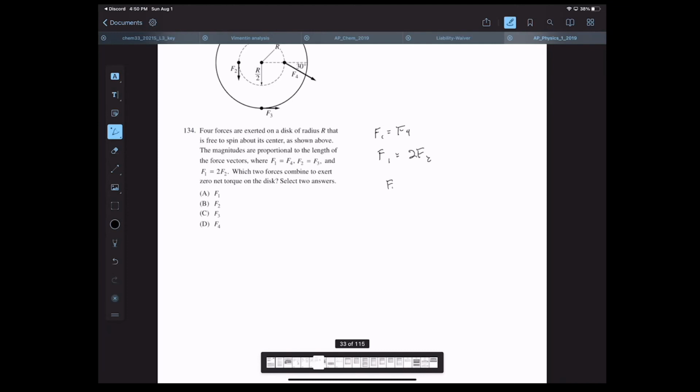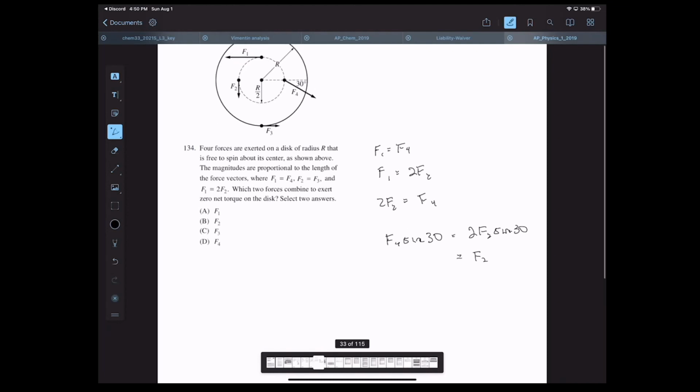So that means that 2 F2 is equal to F4. So F4 sine 30 is equal to 2 F2 sine 30, which is equal to F2. So F2 and F4 can produce a net torque of 0 because they're the same distance from the center, which is r over 2, and they have the same perpendicular force.